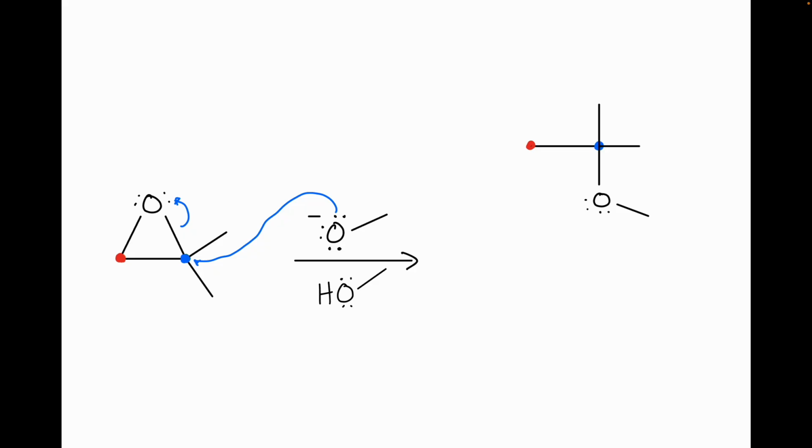Right, now my methoxide ion would be attached to the blue carbon, which means that the red carbon would maintain that OH. Or if instead it attacked that red carbon, I'd have my ring opening in the other direction.